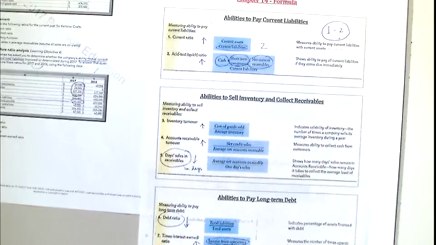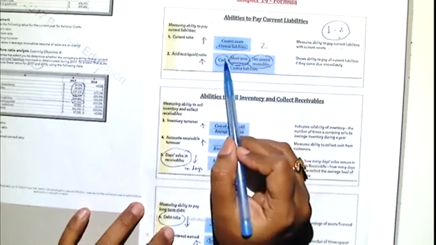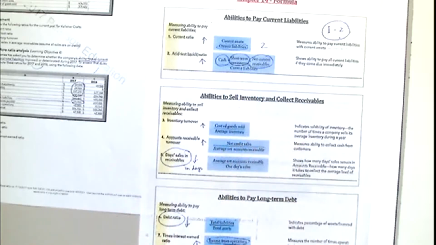Don't consider your inventory, because it takes time to convert inventory into cash. How can you convert your inventory into cash? First you have to sell it, then you have to collect the cash from your customers, which may take time. So, acid test ratio, another name is quick ratio, it considers only very, very liquid assets.